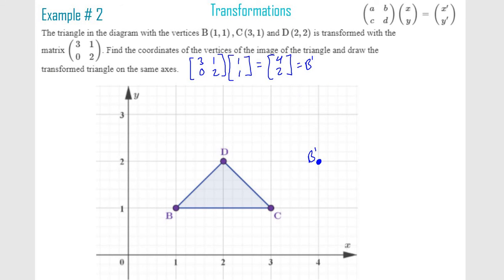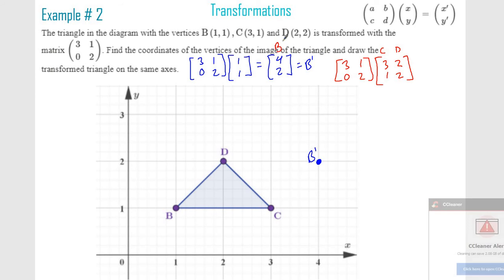Now, instead of doing it one at a time, you could do both points at the same time. So we've got 3, 1, 0, 2, and we can multiply C and D. Put point C here and point D here.